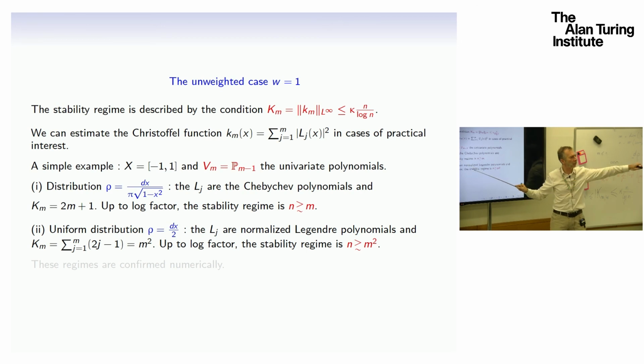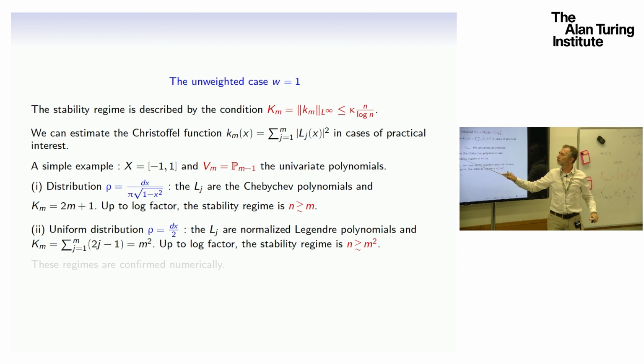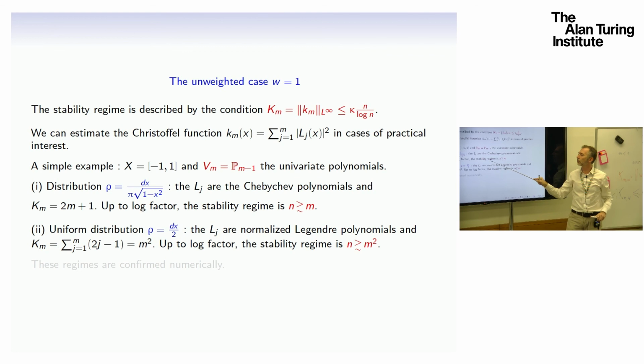So the Chebyshev polynomials are very flat. They are cosines. That means that when you sum them up, essentially you scale linearly in m. Each of them has essentially norm 1 up to a factor. So you see that up to the log factor, you are in a very favorable situation. The stability regime is that the number of samples is barely larger than m.